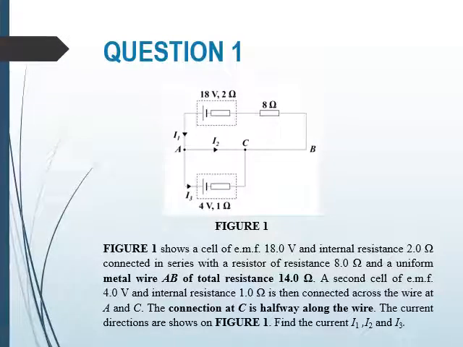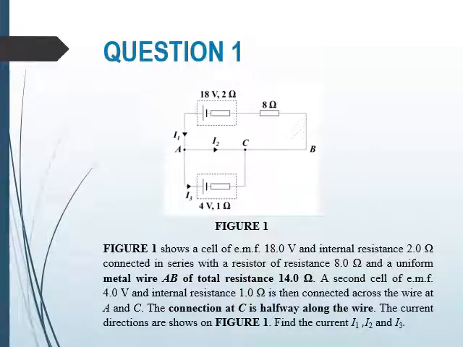Question 1. Figure 1 shows a cell of EMF 18 volt and internal resistance 2 ohm connected in series with a resistor of resistance 8 ohm and a uniform metal wire AB of total resistance 14 ohm.